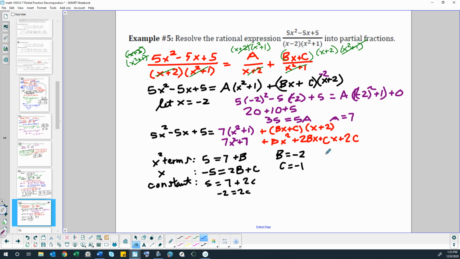So we have A, which we found earlier was 7 over x plus 2. And then we have B, which is -2, plus C, so I'll just do a -1 for that, over x squared plus 1. So there's our linear denominator with a constant numerator, and our irreducible quadratic denominator with a linear numerator.